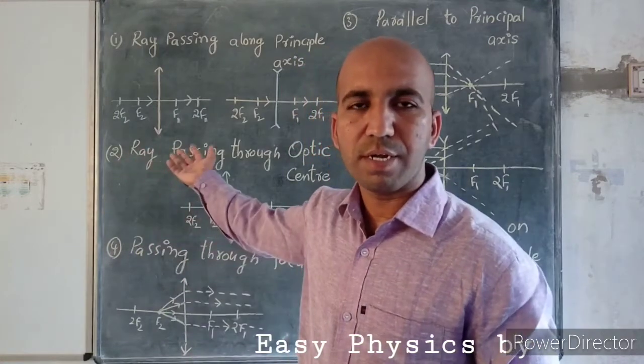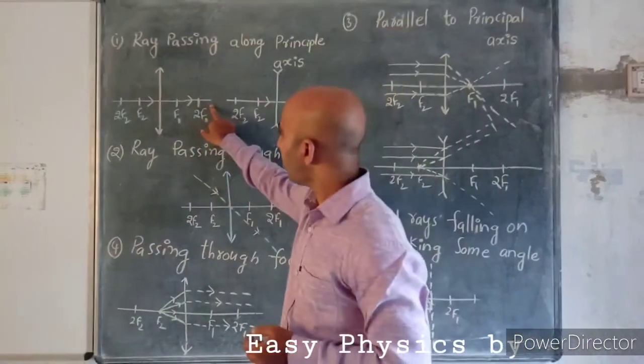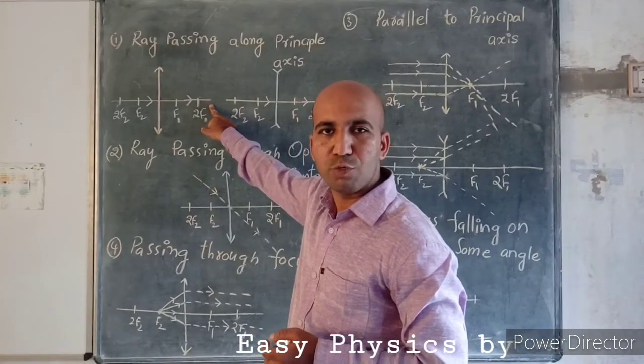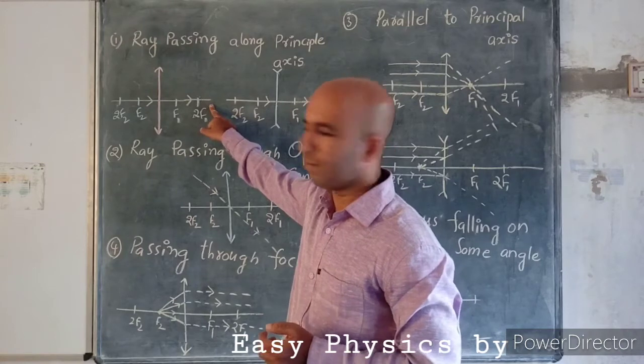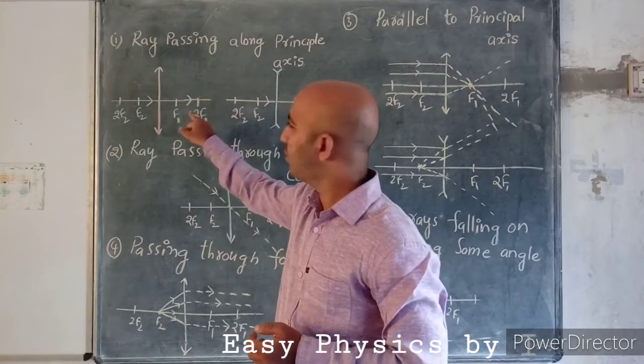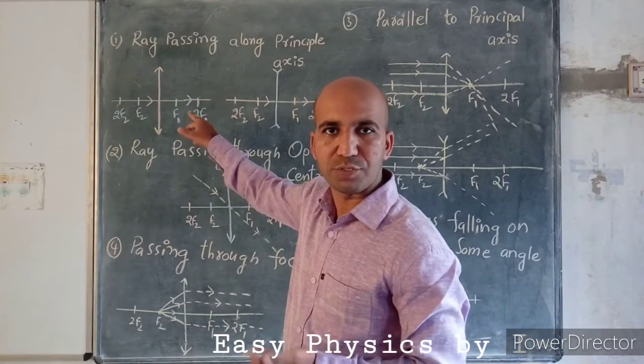So here are the ray diagrams for this. You can observe here, this diagram shows a light ray passing through a biconvex lens. It is undeviated, that means no deviation in the direction of the light ray.